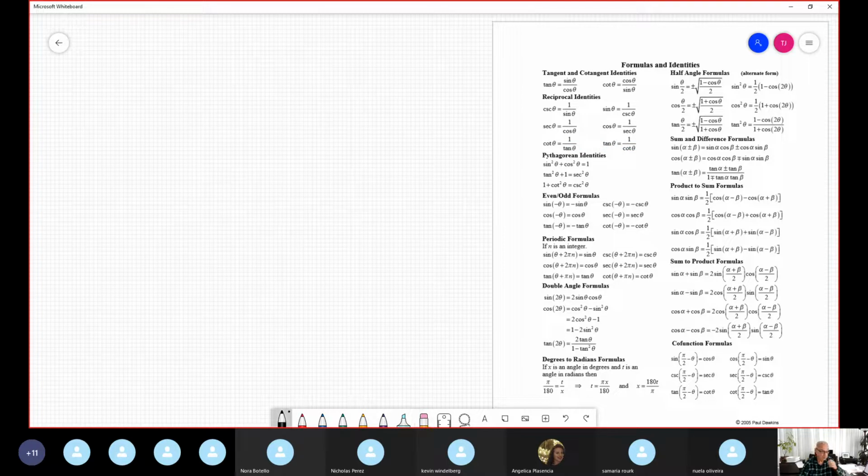Suppose this: minus sine of negative theta divided by negative cosine of negative theta is equal to minus tangent theta. Well, in this example, I can see the even-odd property.